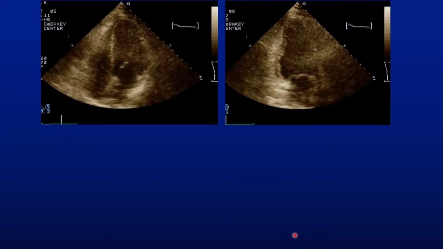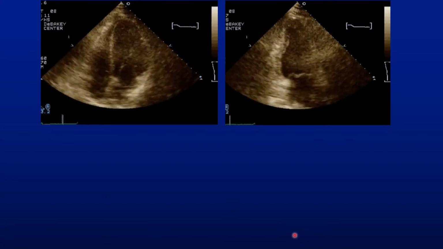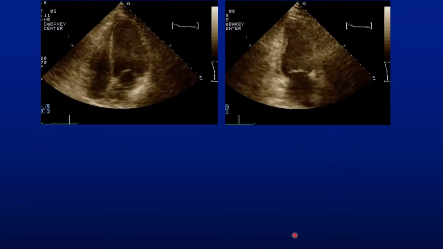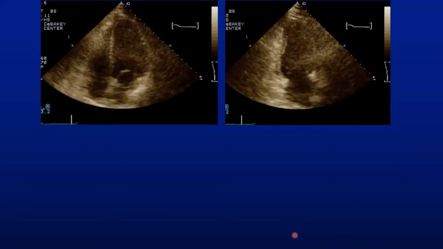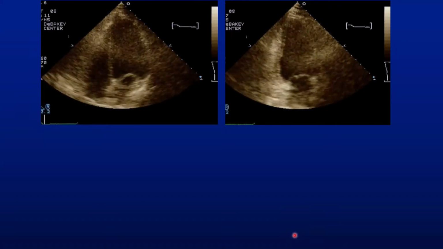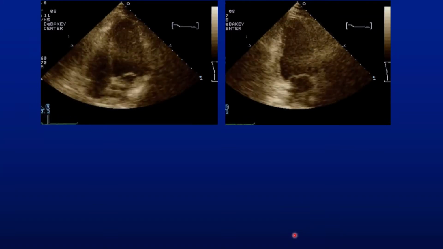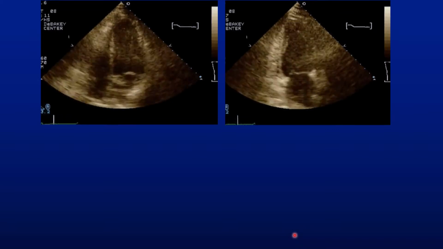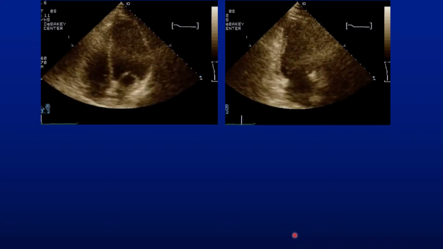Okay? Maybe, I'll go along with that. It's not completely normal. It's not moving well. Anything else? Inferior wall. If you tell me the first one, I would say inferior wall. The other one I have to guess, right? But Dr. Toro is on it.